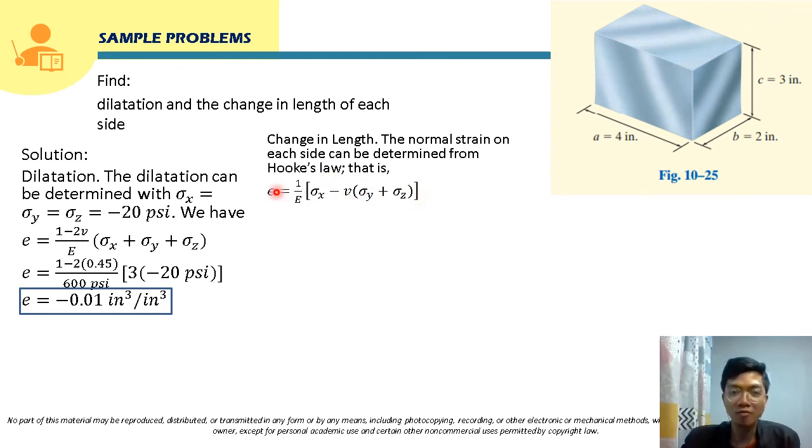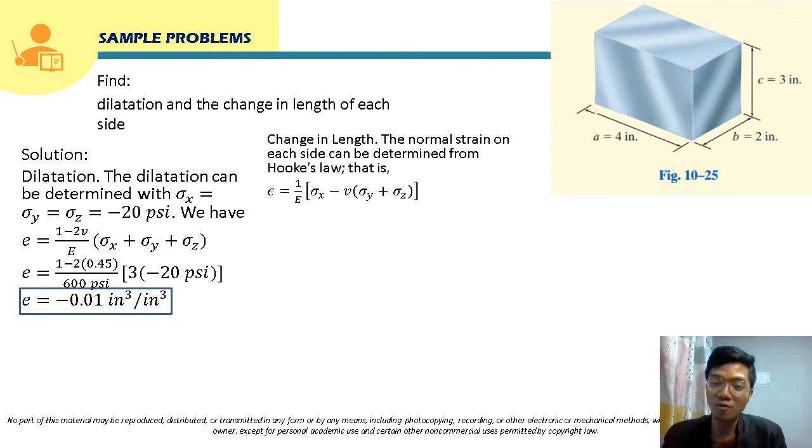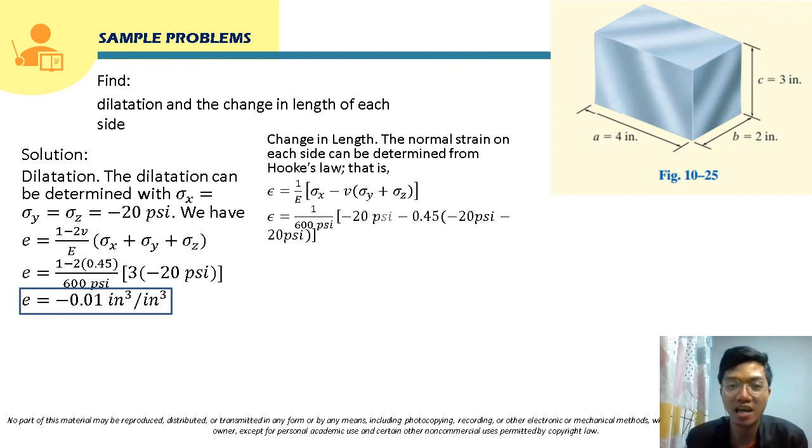This is for epsilon x. This will just be the same for epsilon y, since all the sigmas here are all equal. So it will just be the same for all the strains in all directions.